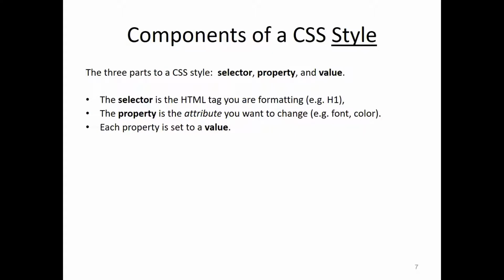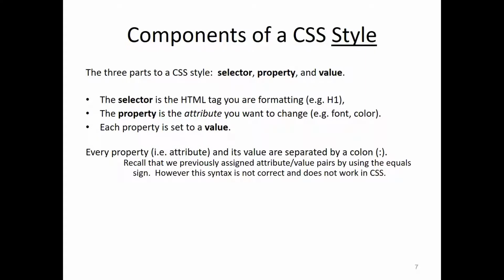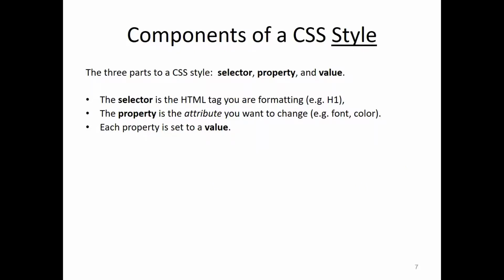Suppose for a paragraph element you are setting the property of color: color colon blue, then the text in the paragraph will be displayed in the color blue. Every property and its value are separated by a colon, which you have seen.